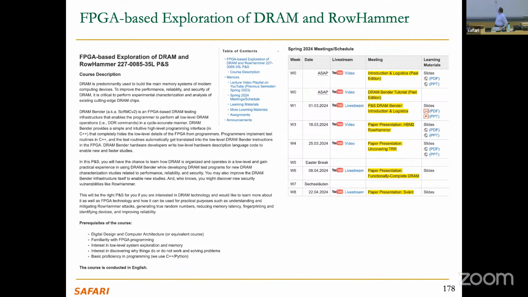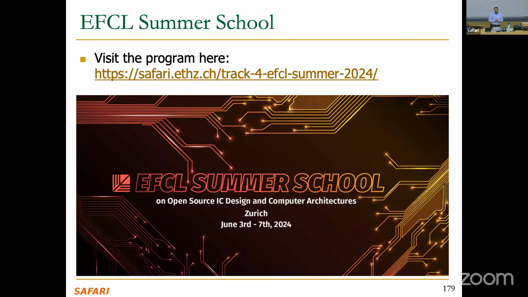But you can benefit from the resources on this course webpage. And we have an upcoming summer school in early June that will happen here. So if you're curious about these computer architecture topics, reliability topics, RowHammer, you're welcome to follow these lectures. Probably they will be on YouTube anyway. But yeah, I wanted to encourage you all.